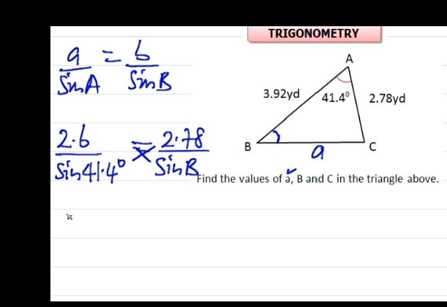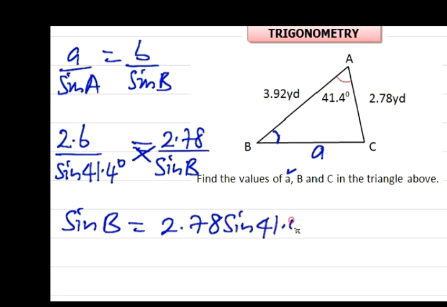It says sine b is equal to 2.78 sine 41.4 degrees, all over, this one will come down, 2.6, all over 2.6. That's it.